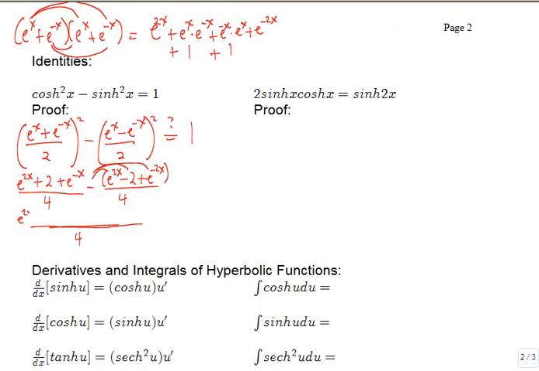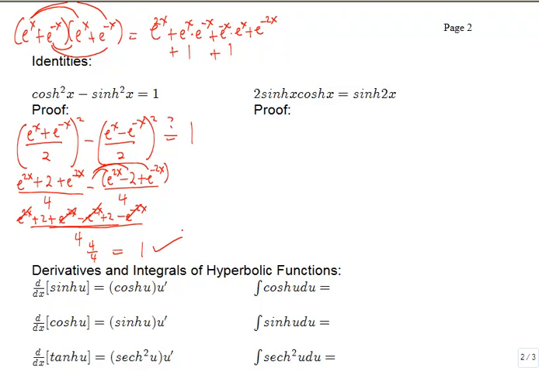So we'll have e to the 2x plus 2 plus e to the negative 2x, and then we'll have a minus e to the 2x plus 2, and a minus e to the negative 2x. So this cancels, this cancels, and 2 plus 2 is 4, and 4 over 4 is 1.